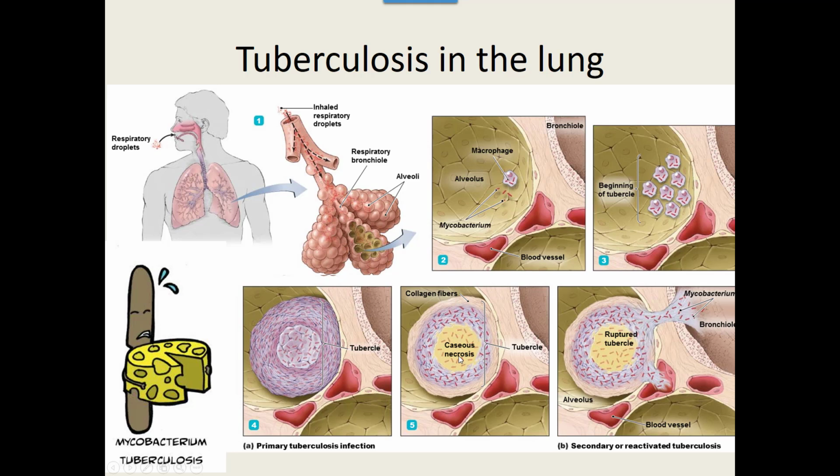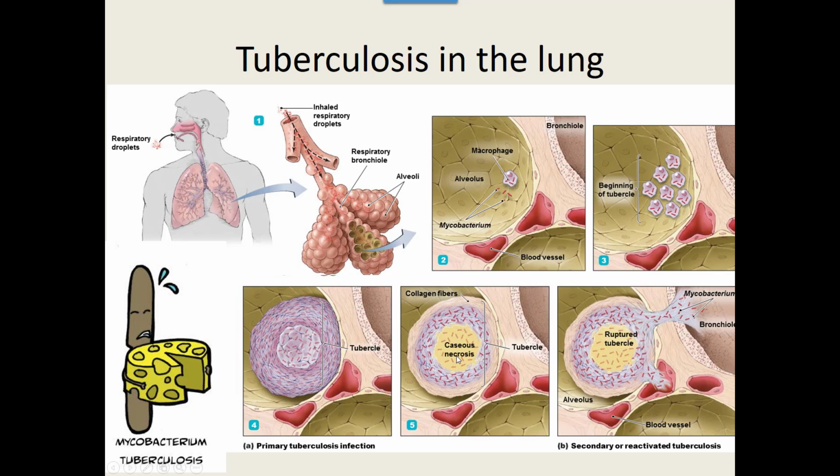Now, these kind of confined, isolated, infected cells don't last forever. At some point, those cells are going to start to die, and they start to die kind of from the inside out. That's this caseous necrosis.